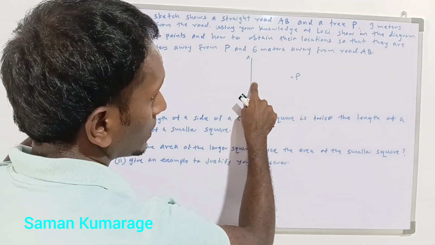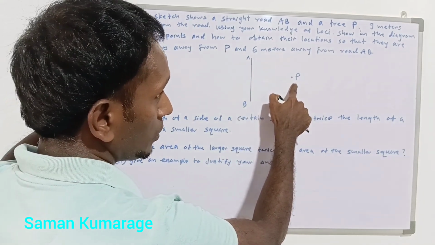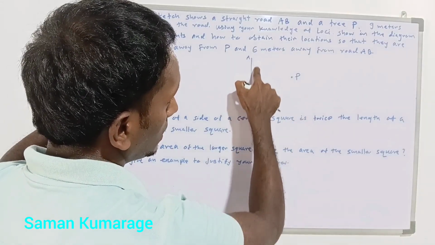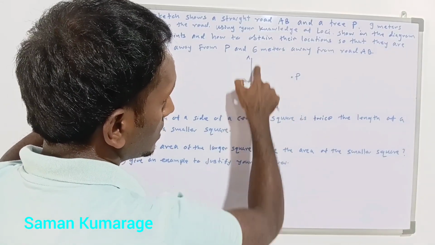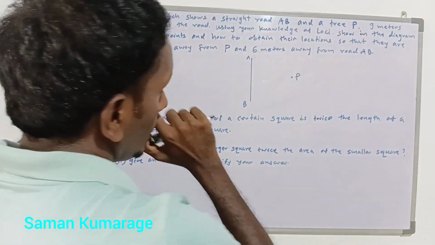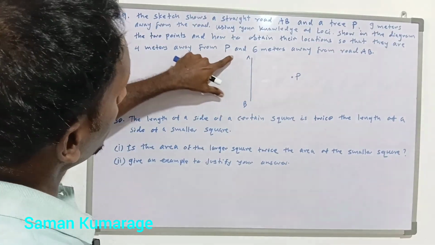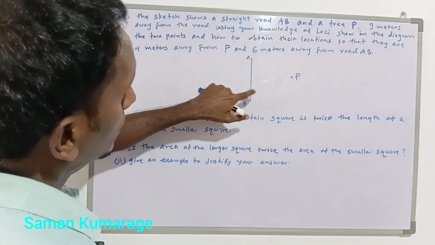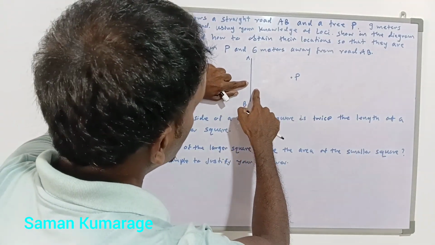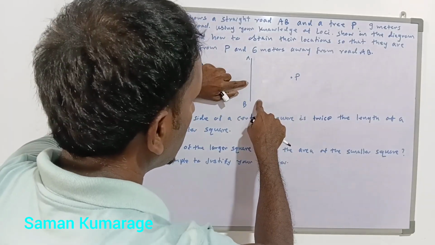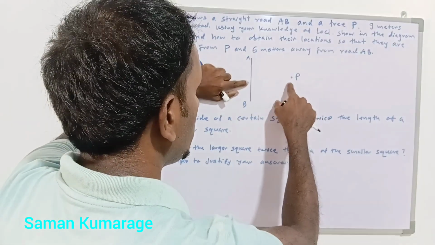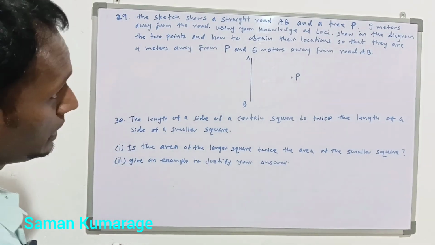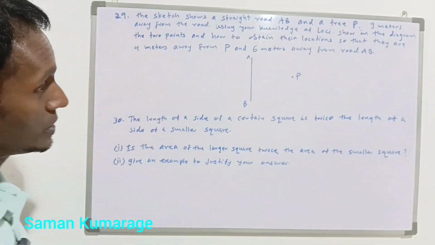P is the tree, located 9 meters away from this straight line. And we need to find 2 points which are 6 meters away from line AB and 4 meters away from P. For that we need to use the knowledge of loci.